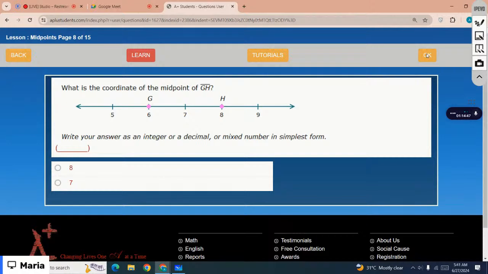What is the coordinate of the midpoint of GH? The correct option is 7. Option number 2 is the correct option.